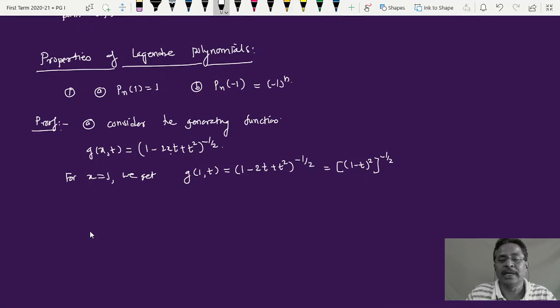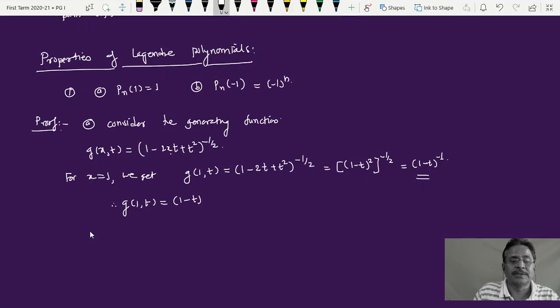So this 2 will get cancelled and we simply get 1 minus t raised to minus 1. I'm sure you might know this expansion of 1 minus x raised to minus 1. So using this expansion, g of 1, t is equal to 1 minus t raised to minus 1, which is a very simple expansion.